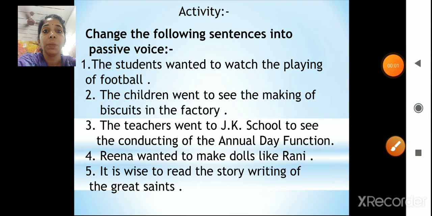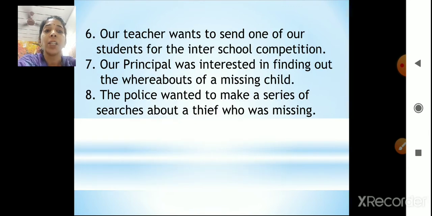The answer will be: the story writing of the great saints is wise to be read. The next one: our teacher wants to send one of our students for the inter-school competition. The answer will be: our teacher wants one of our students to be sent for the inter-school competition.